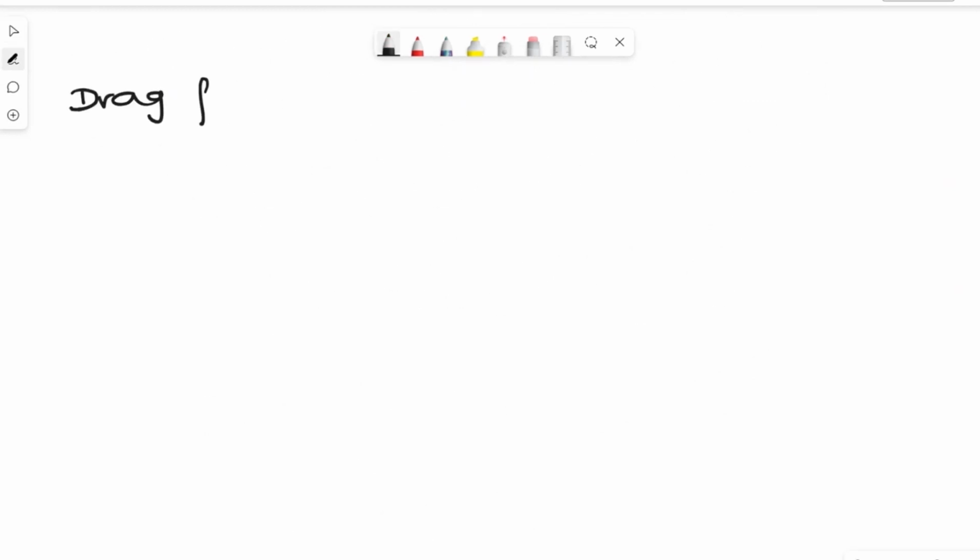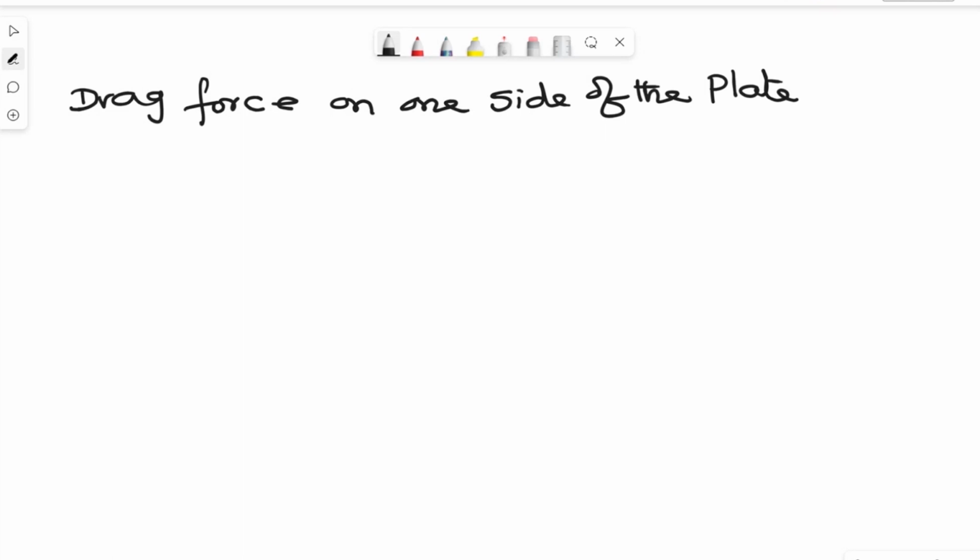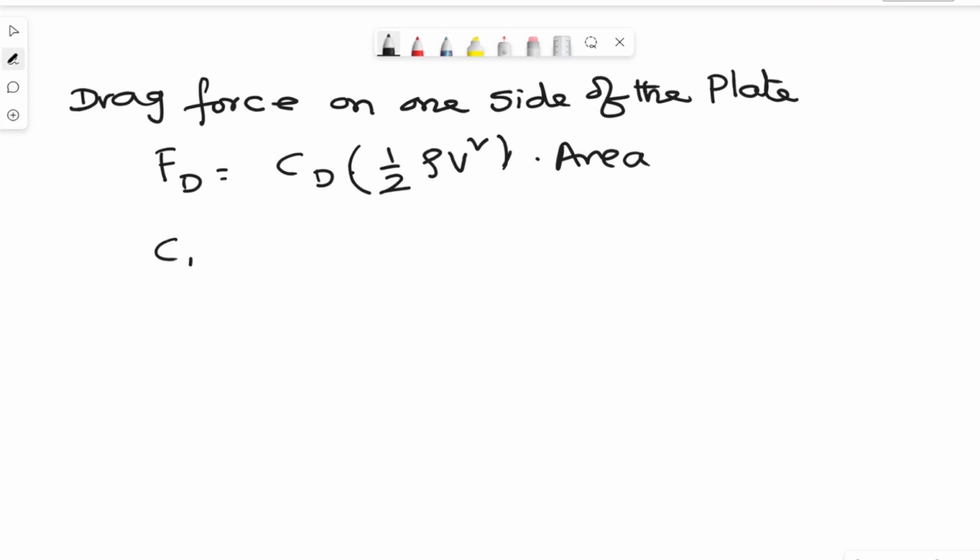Drag force on one side of the plate. What is the equation? FD is equal to CD into half rho V square into area. Right? This is the equation. So now how to calculate CD? This is the average drag coefficient.